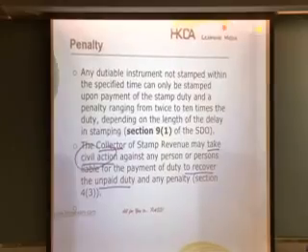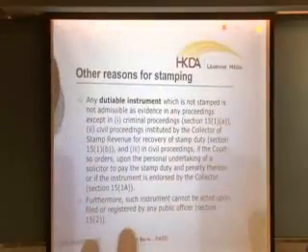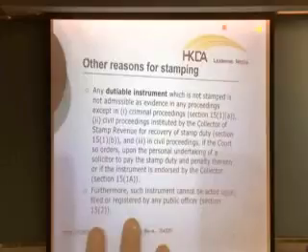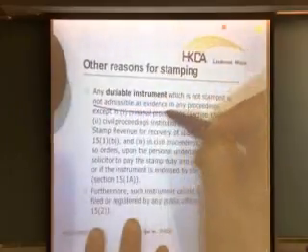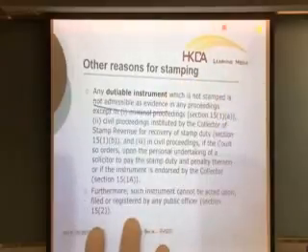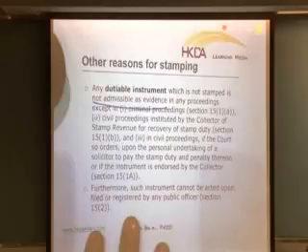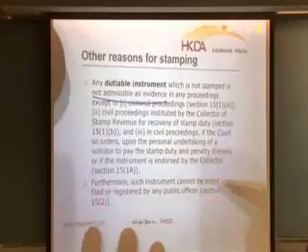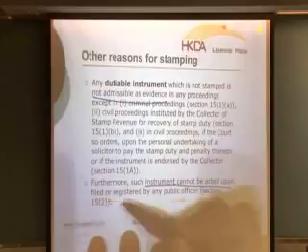What are the other reasons for stamping? At the end, page 18. If your document is not stamped, this will not be admitted as evidence in court. And also, if you buy a property without stamping, the government officer cannot act upon it.